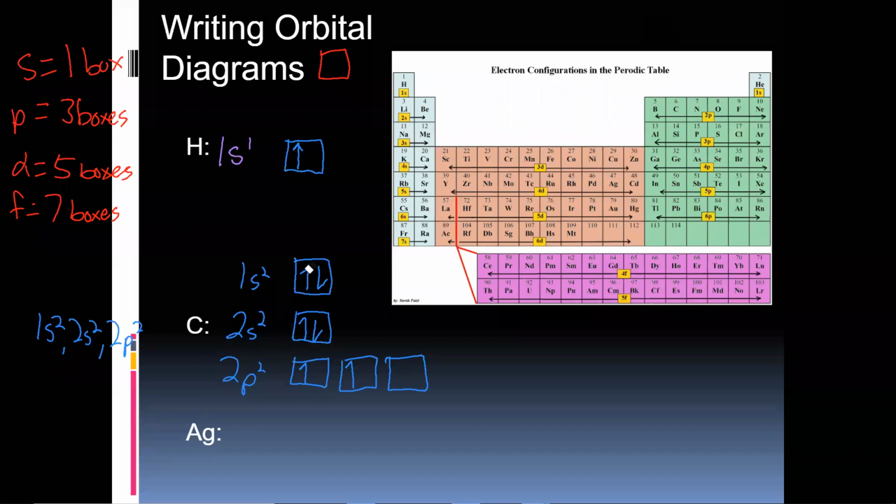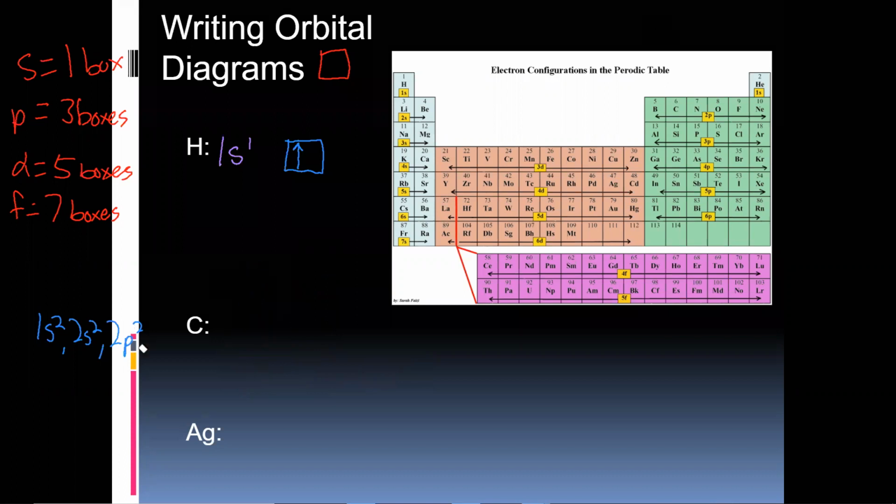So, silver. And I'm going to have to erase quite a bit of this to have enough room. Silver is pretty extensive. Okay? So you're going to go ahead and we're going to stack these once again. Look at the electron configuration for silver. It is in your notes. It has a 1s. It has a 2s.